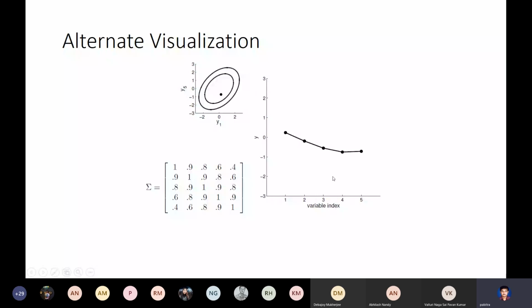Since this is a 5-dimensional Gaussian, its mean would be some vector. Let's say the mean is still the 0 vector, but the covariance matrix will be a 5 by 5 matrix. The diagonal elements will be the spread along each of the axes, whereas the off-diagonal elements would be the correlation.